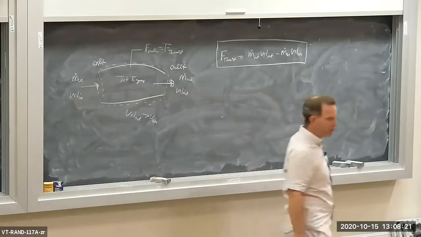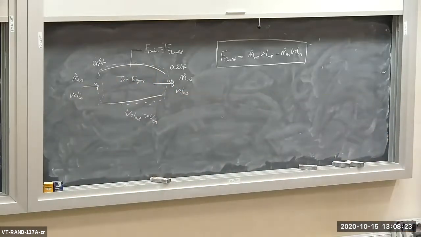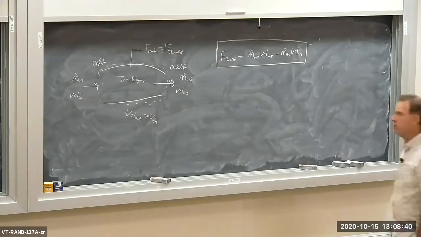It's an open system with a single inlet, single outlet. So you apply the Reynolds transport theorem to momentum, single inlet, single outlet. The only forces on the control volume are the reaction force, and you get a simple expression for the thrust. Okay?